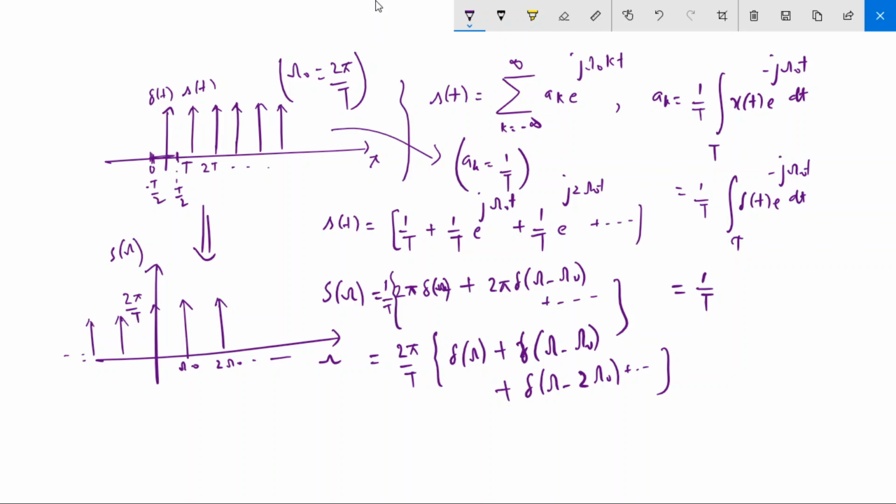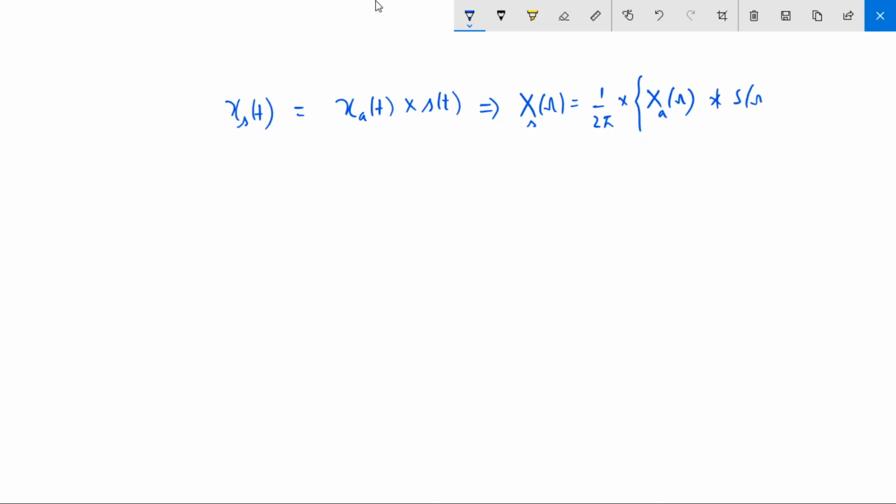Now we started this theory like this: you have a continuous time signal x_a(t), which I have multiplied with the impulse train s(t). What I have obtained is the sampled signal. Okay, now in the frequency domain, your X_s(omega) was 1 by 2 pi multiplied with the convolution of the Fourier transform of this signal, that is X_a(omega), and S(omega).